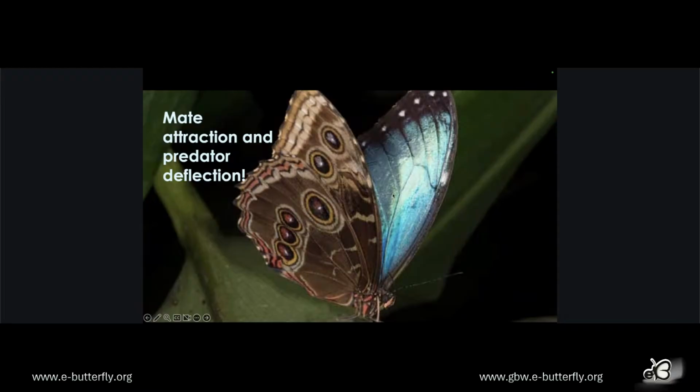And this is primarily, we believe, for mate attraction. And they just left the eye spots on the exposed surfaces of the wings for potentially predator deflection or predator attack prevention. So butterflies are deciding what surfaces to use for what function.